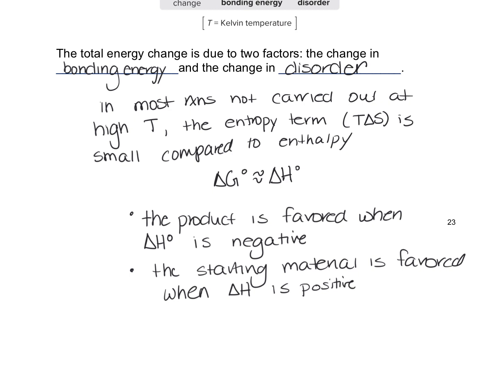Now, I want to point out that you will go on to other classes and you will go back and you will use that entropy value. But this approximation works pretty well for us all the way through the class. And so that's what we're going to operate under as we go through the rest of this class.